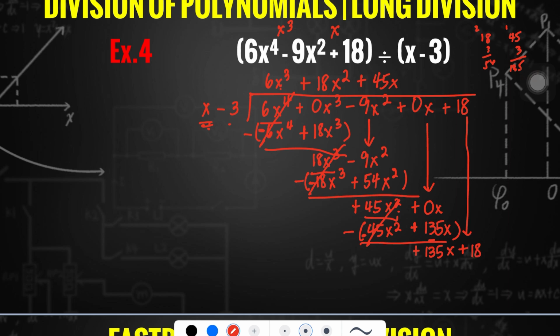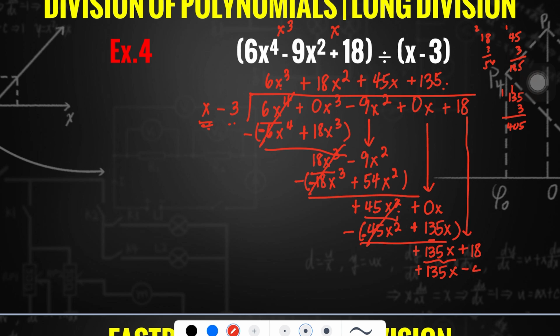So 135x divided by x, that's 135. And then multiply 135 times x, 135x. And then 135 times negative 3, for sure that's negative. 135 times 3, that's 405.